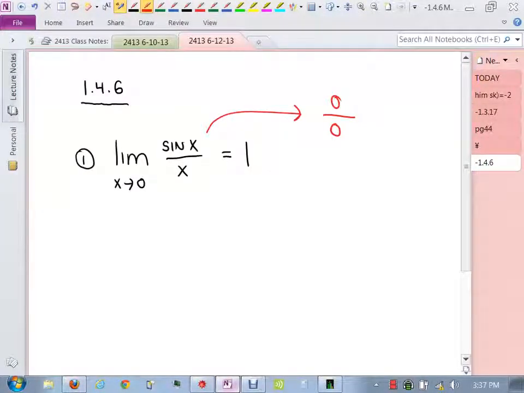There is no algebra and there is no trick that you're going to be able to do to this. In fact, to prove that that is 1 without looking at the graph requires a pretty elegant, pretty beautiful proof. And it's in the book if you're interested in looking at it. It starts on page 42.